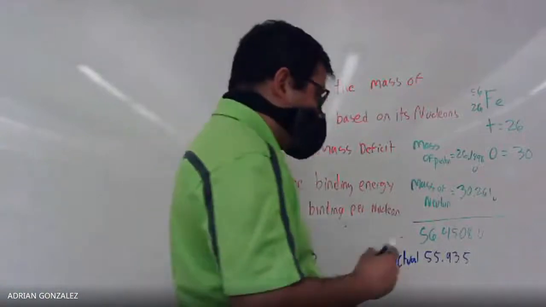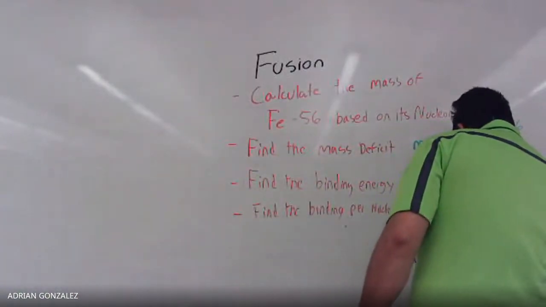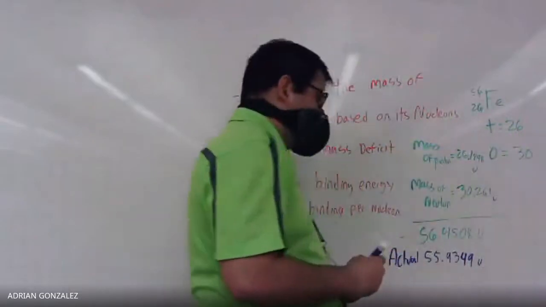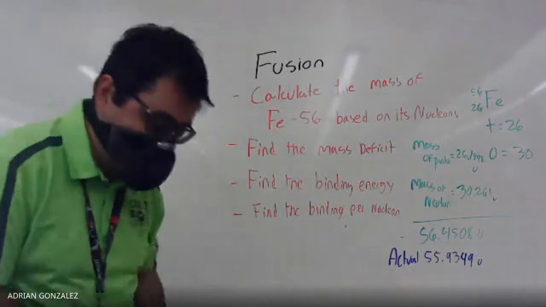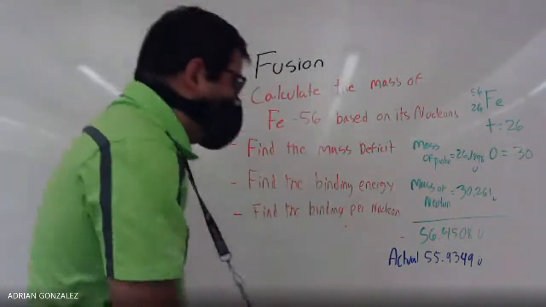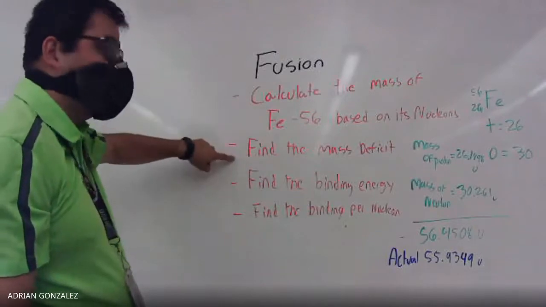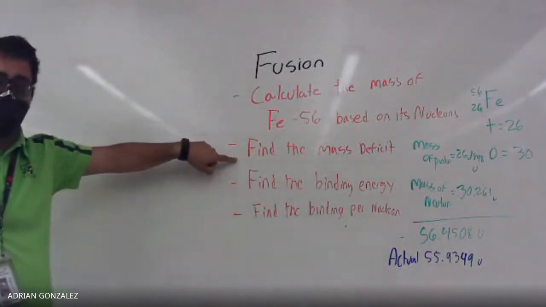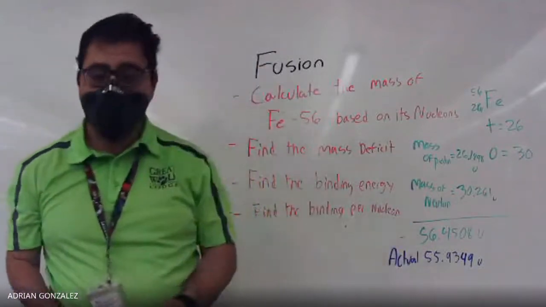So that's 55.9349. Okay? We have the calculated, we have the actual. So we've calculated the mass based on its nuclei. So now we need to find the mass deficit. How do we find the mass deficit? Subtract this one from that one.